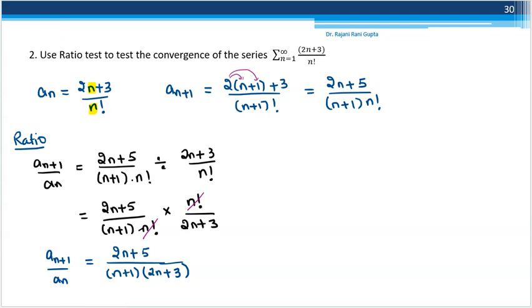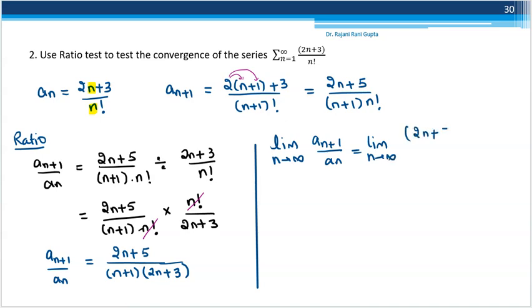Okay. Now, next is to find the limit. So if you look at the limit as n goes to infinity of a_{n+1} over a_n, it is the limit as n goes to infinity of (2n+5) over (n+1)(2n+3). So if you check here, the highest power of n in the numerator is n, and here it's n squared.